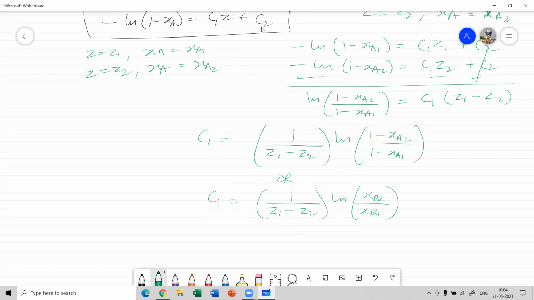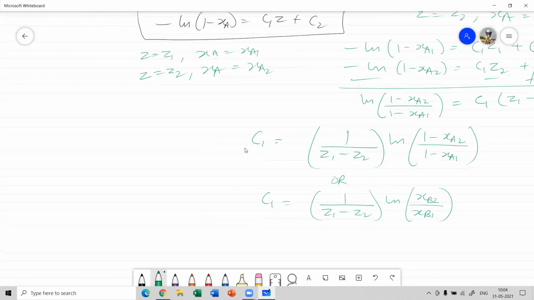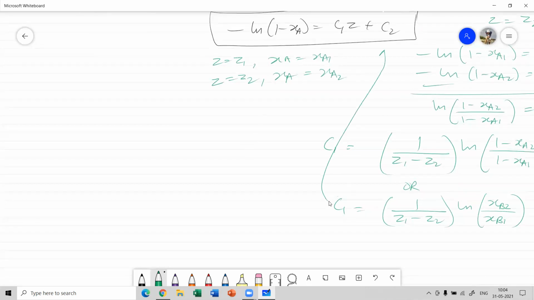We'll substitute it back into this equation and see what the value of C2 is. So substituting this back in the main equation, we have minus ln(1 minus x_A) equal to, putting the value of C1, (z1 minus z2) over z into ln of x_B2 over x_B1, plus C2.